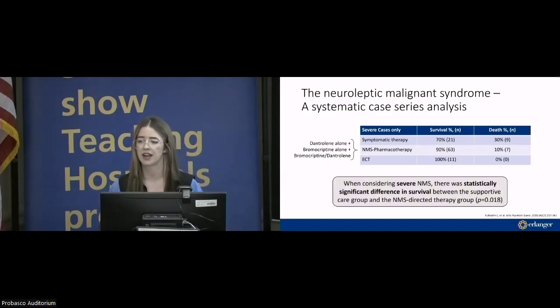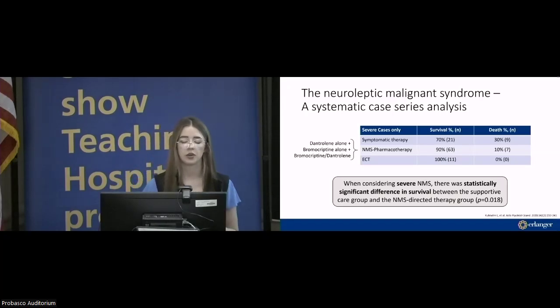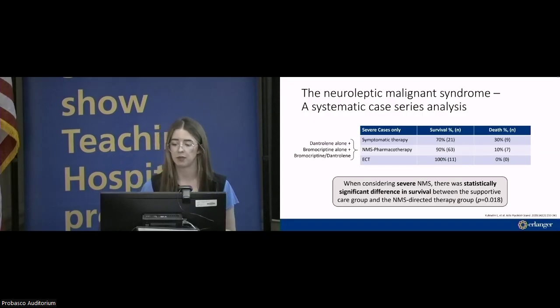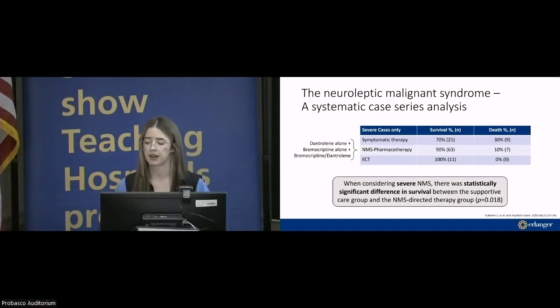Here, the difference in survival between supportive care and pharmacologic or electroconvulsive therapy was statistically significant with a p-value of 0.018. So this supports the use of dopamine agents like bromocriptine and amantadine with or without dantrolene as an adjunct, as well as consideration of electroconvulsive therapy in severe NMS, rather than relying solely on supportive care.